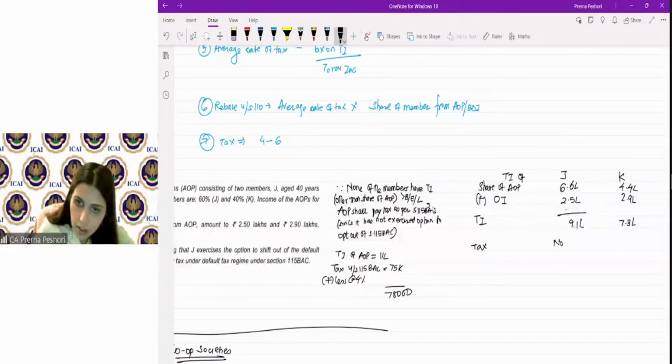Now the tax liability. So this is under normal and this is under 115 BAC. Right?